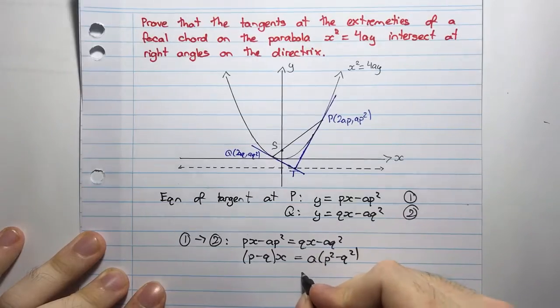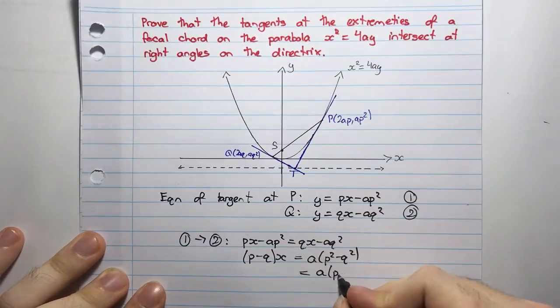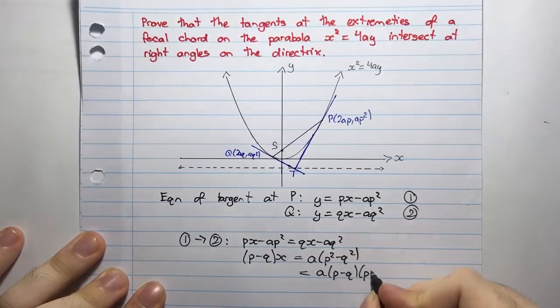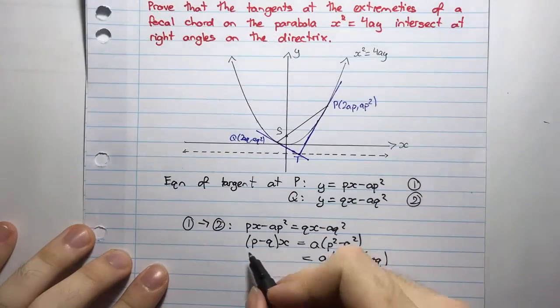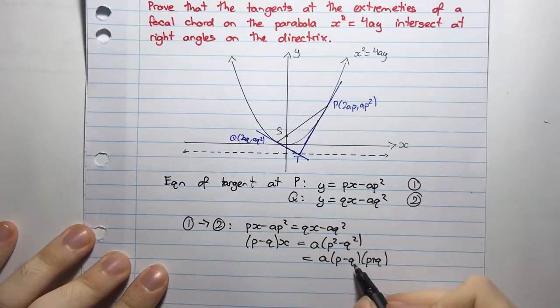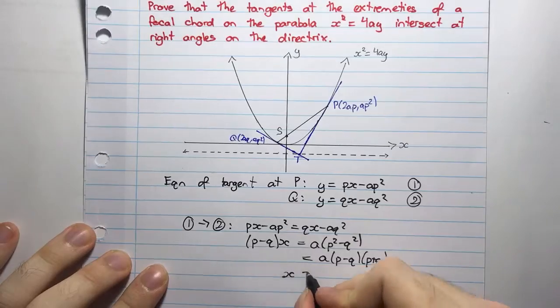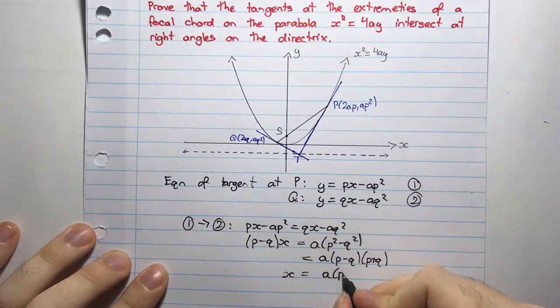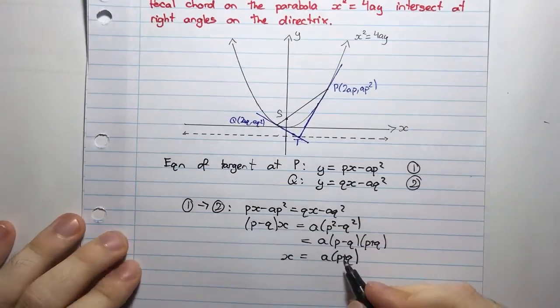Then I can factor this as p minus q, p plus q, and cancel a p minus q with a p minus q, and so x is a into p plus q. So that's my x coordinate.